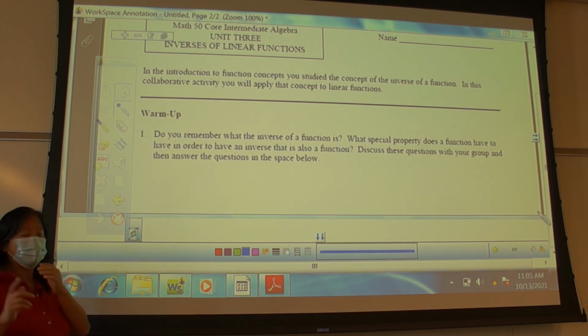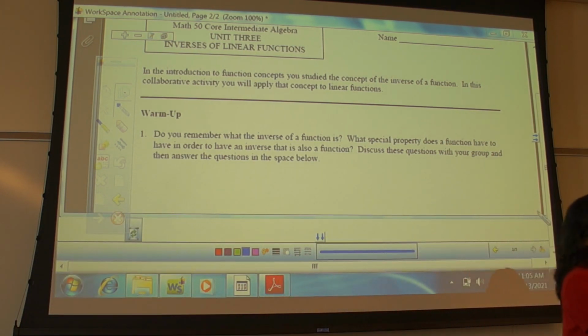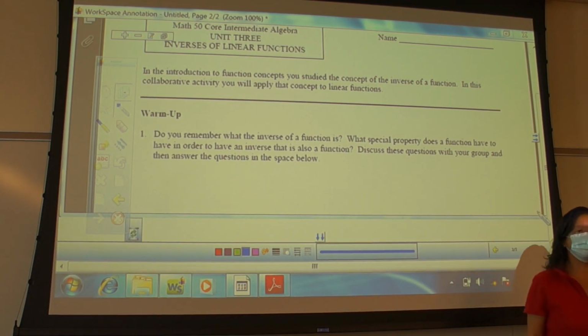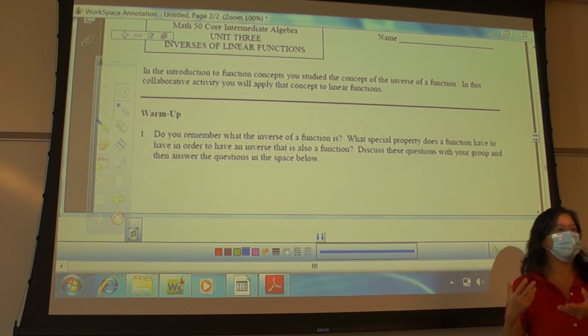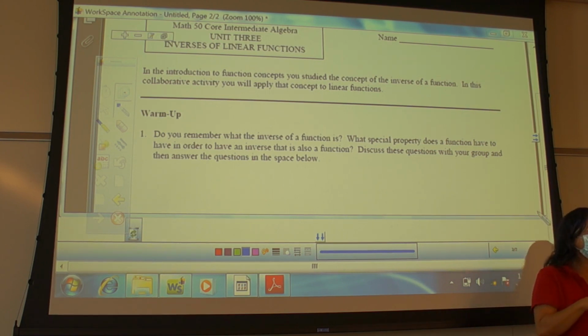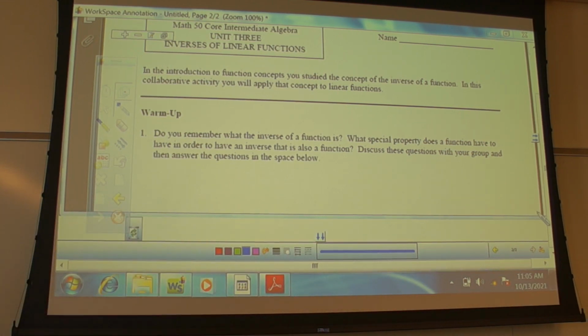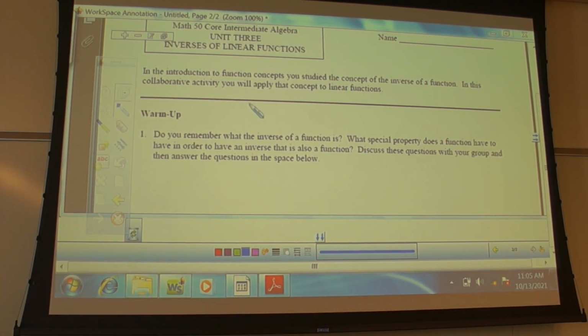So first of all, how do we determine if a function is a function? A function is a function if every x value only has one y value. Everybody remember that part? Yes? Yeah. So in other words, every x can only go to one y.